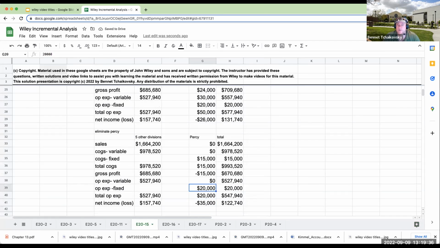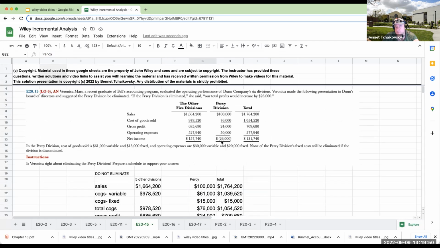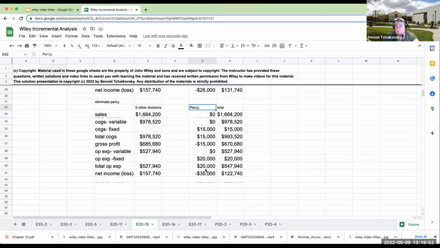So as I look at this, the only cost I'm running at Percy now is at a loss. Why is it at a loss? The loss is 35,000. Why? Because I can't get rid of fixed costs. I can get rid of variable if I stop selling, but I cannot get rid of the fixed costs.